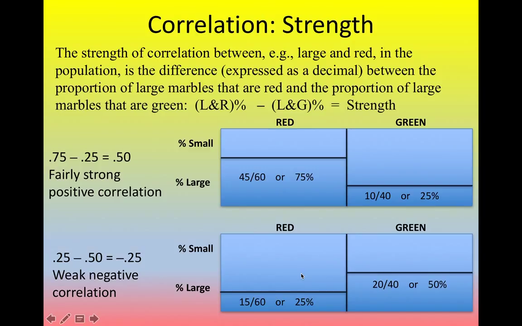If I tell you that I've drawn a red marble from the jar, and you have to guess whether it is large or not, now knowing that it's red, you will reduce the probability from 35% to 25%. In other words, red is evidence against the marbles being large.